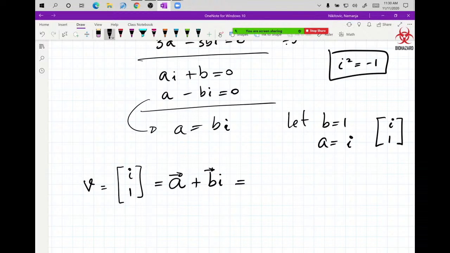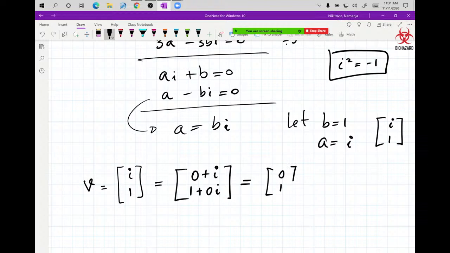And now this is where the linear algebra kicks in on how to decompose these things. But my hope is that you see that i and 1 do not belong in the same column. Oh, actually, wait. Forget about this. Let's rewrite this way: 0 plus i, and then 1 plus 0i. I hope this helps. So you can see 0, 1 plus 1, 0, i.